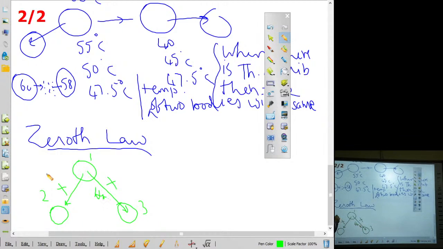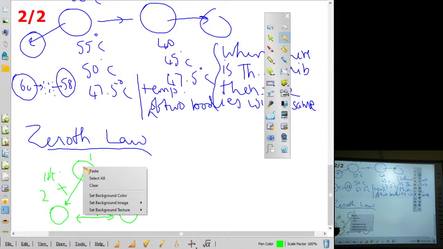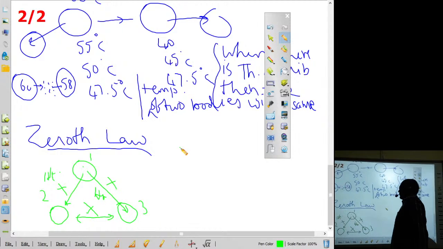Then, between the second and the third body also, now we are not checking this, but automatically it will be having no heat transfer. When two bodies are separately in thermal equilibrium with the third body, then the first two bodies will also be in thermal equilibrium with one another.